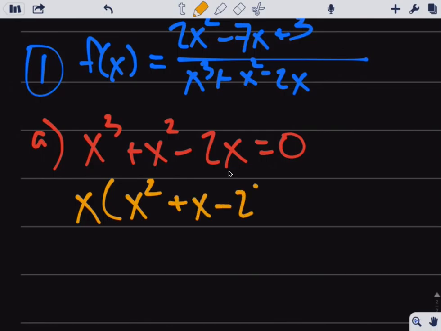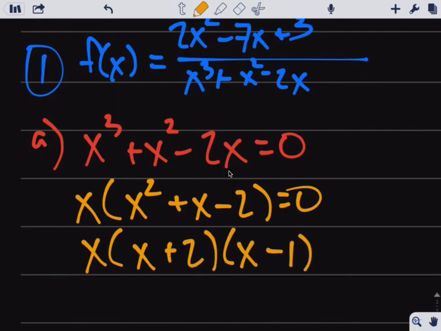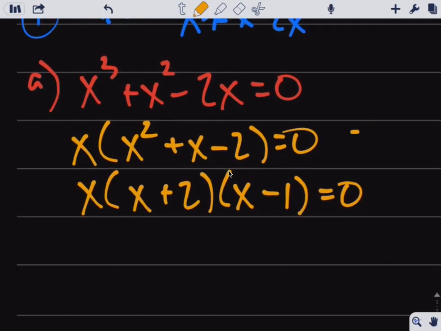x comes out as a GCF, and then we want factors of -2 that add to +1. So it's +2, -1. Alright, so that's what I have.